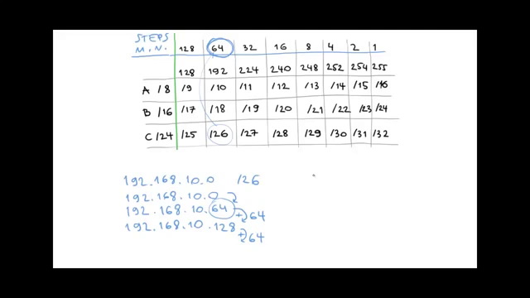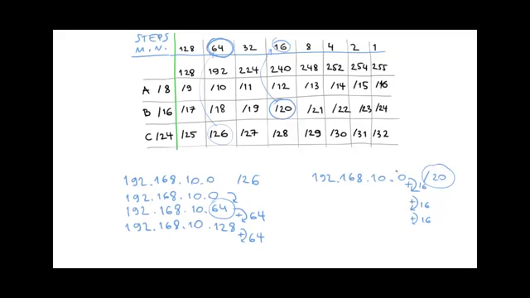Let's take another example. 192.168.10.0, but a different subnet mask. Let's say /20. Okay, we're looking for 20 in the table. Once we find it, we look in the same column but the top row. We find number 16, and the 16 now becomes the step between the subnets using this subnet mask. So we need to add 16, another 16 for another subnet, and so on.